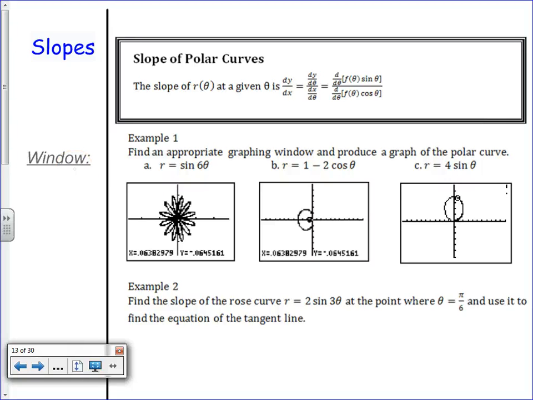Slope of polar curves. Have we already written this down? I don't think so. How to find derivatives of polars? I remember this. We did derivatives of polars at the exact same time as derivatives of parametric. Why? dy d theta, dx d theta, does that ring any bells? dy dt, dx dt? Yeah. Same thing. How do I find the second derivative? Well, let's write that down for a second. How would I find the second derivative?